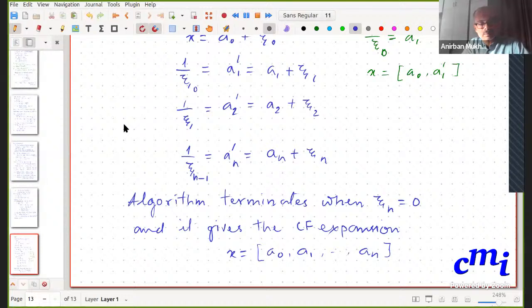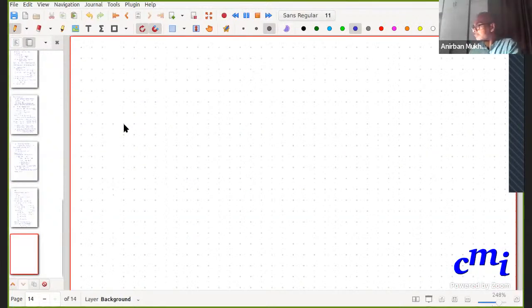Let me go to the next page. Now what we have to prove is that every rational number can be written as a finite continued fraction, and also the converse. The converse is actually easy.